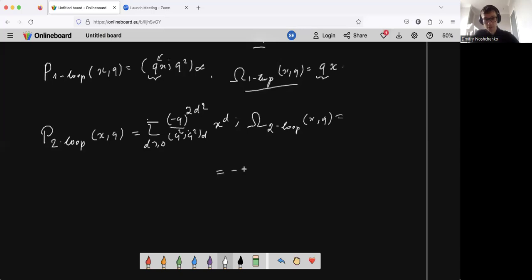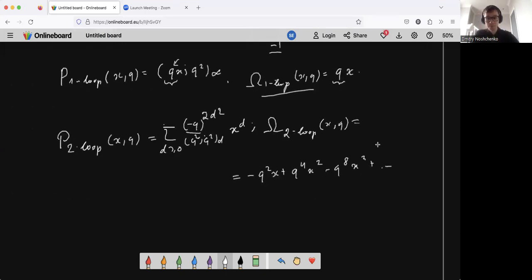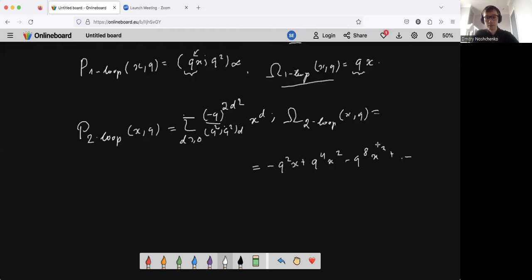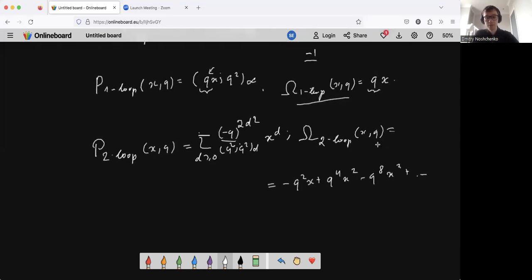It starts like minus q squared x plus, I'll just write a few terms, q^4 x squared minus q^8 x cubed plus some other terms. So in fact this does not sum to a finite expression, and this series does not terminate.